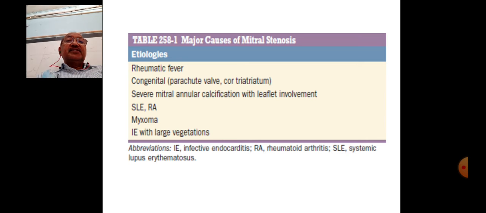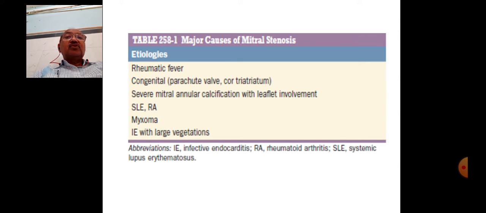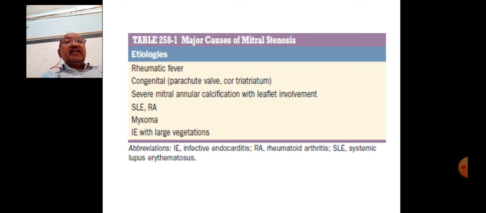Sometimes in collagen disorders, it's rare, in SLE and rheumatoid arthritis. LA myxoma can produce mitral valve obstruction, and infective endocarditis with large vegetations can lead to mitral valve obstruction.